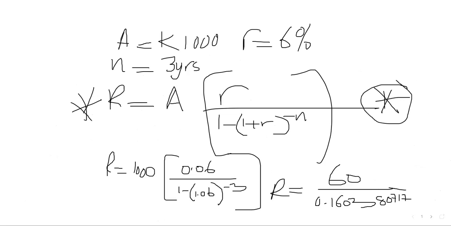Not only that, this is based on annual compounding. But when they say monthly, the formula changes just a little bit. The R is divided by 12. The same formula applies for monthly compounding. This one was on annual compounding. So for monthly compounding, the interest rate is affected.